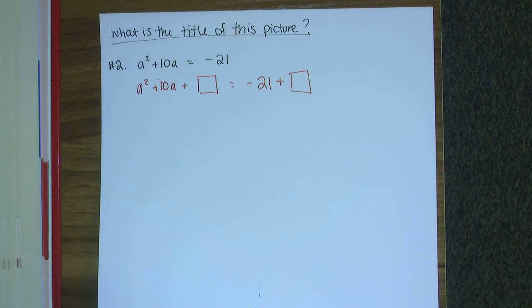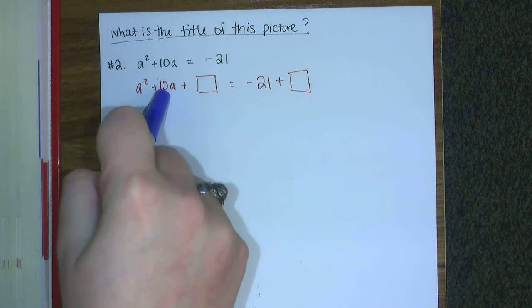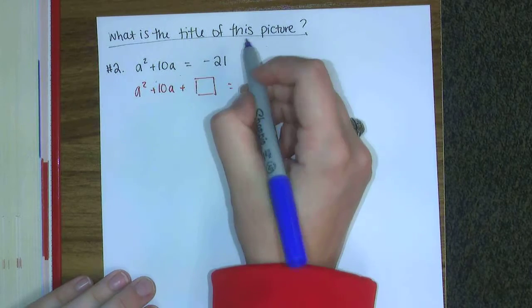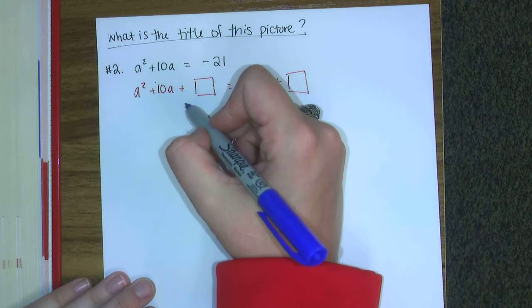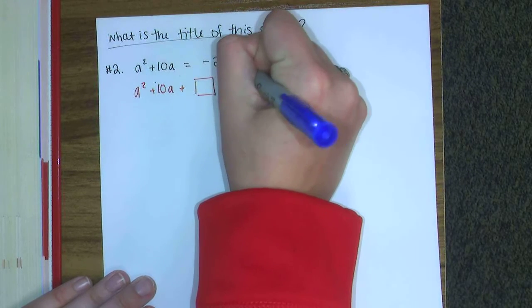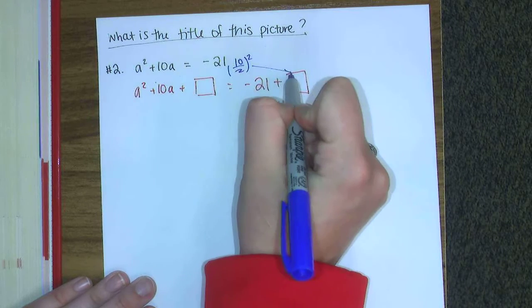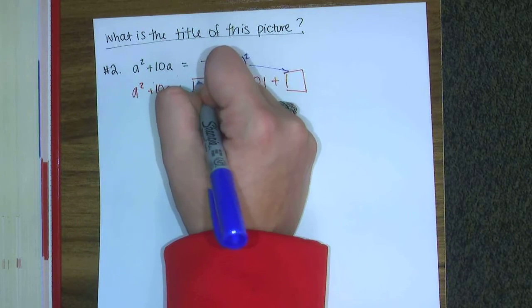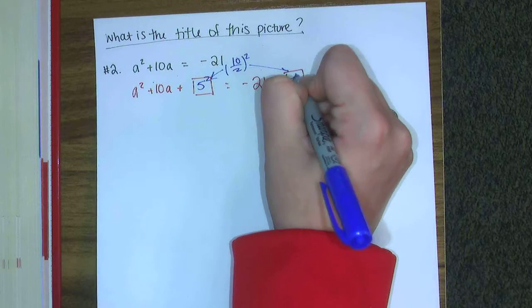What I want you to think about is, what is half of this squared? I look at whatever the variable is. Half of 10 squared, so 10 over 2 squared is what's going in each of these boxes. 10 over 2 is 5, so it's going to be 5 squared in each box.